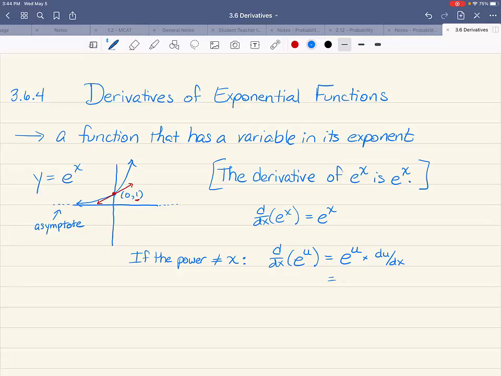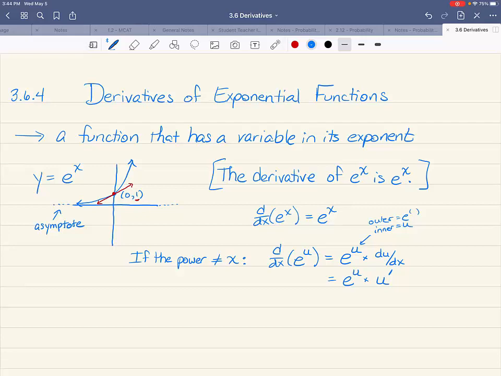Another way to write this is e to the power of u times u prime. Now what's happening here is, you remember outer and inner functions from chain rule? In this case, the inner function is the u, and the outer function is the e to the power.